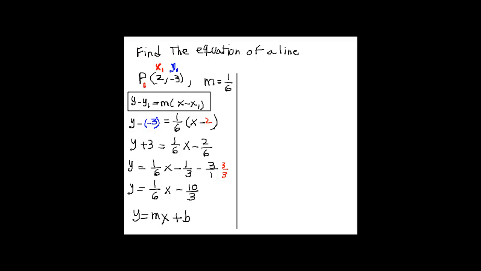One other way to do this is to use y is equal to mx plus b. If you use this formula, you use the given point as point P, and the slope is also given to us as 1/6.